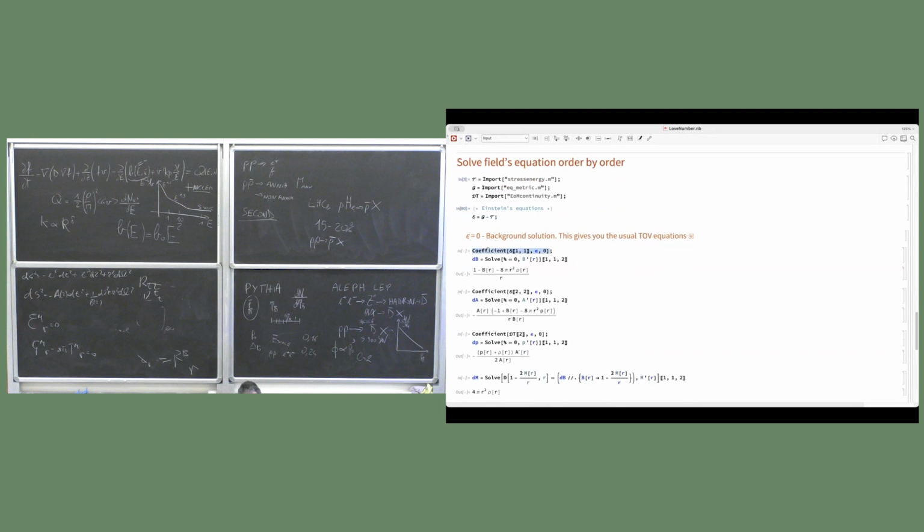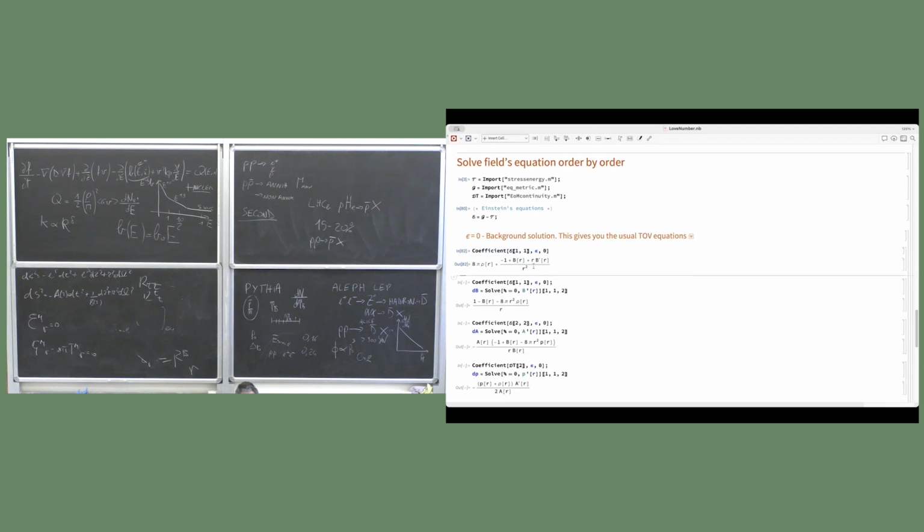What I need, and we actually saw yesterday, is this part which recomputes the metric functions that we need at the background level. So it basically gives you back the TOV equation, the Tolman-Oppenheimer-Volkov equation. We need the T component and the R component of that equation at the background. So this would be the TT component, and this would be the RR component.